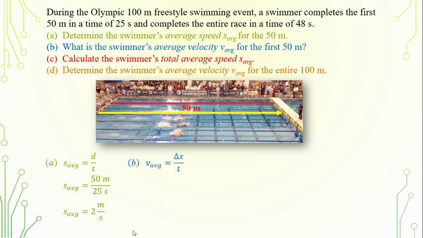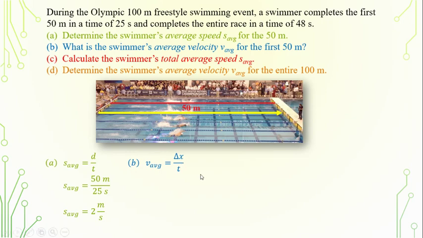Part B asks you to calculate the swimmer's average velocity for the first 50 meters. So here I have on the screen, average velocity by physics definition is the object's displacement, or the swimmer's displacement in this case, which is delta x, and delta x is xf minus xi, your final position minus your initial position.